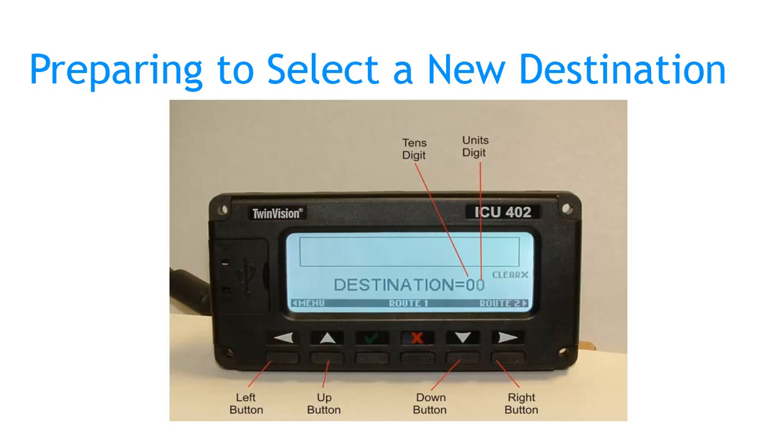The destination in this example has 2 digits. The destination is selected by changing the thousands, hundreds, tens, and/or units. The blinking digit indicates the digit that may be adjusted using the up or down buttons. The user presses the left or right buttons to shift between the units and tens digits.